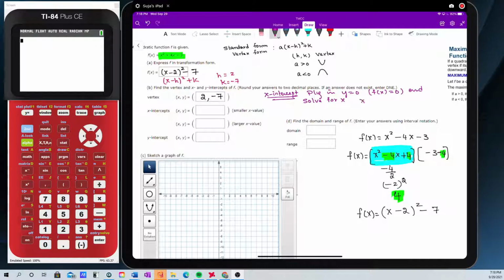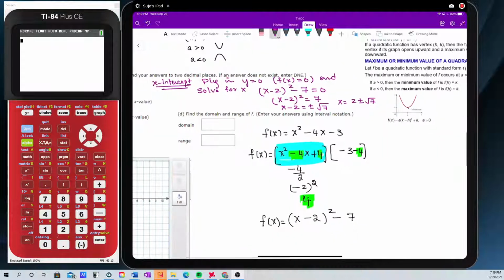So (x minus 2) the whole squared minus 7 is equal to 0. From here, (x minus 2) the whole squared is equal to 7, or x minus 2 is plus or minus square root of 7. Therefore x is equal to 2 plus or minus square root of 7. So that will give me two values: x could be 2 minus square root of 7, or x could be 2 plus square root of 7.